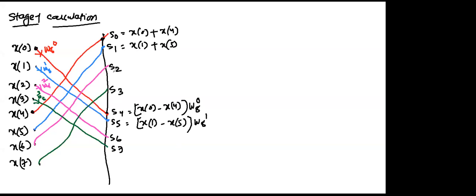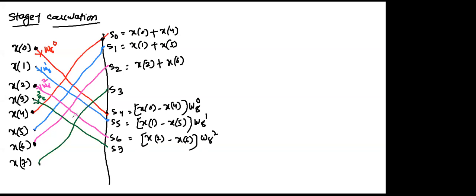See the third butterfly, the input is x2 and x6. See the colors so that people will understand. Third one, x2 plus x6, and this is your x2 minus x6 multiplied by omega at 2.